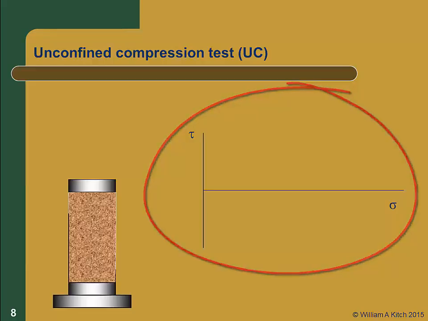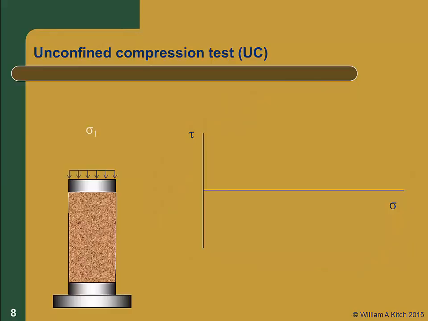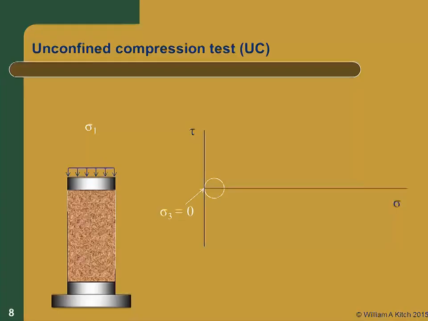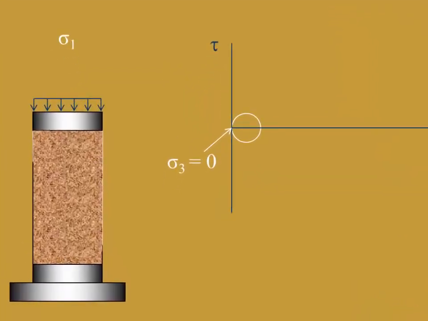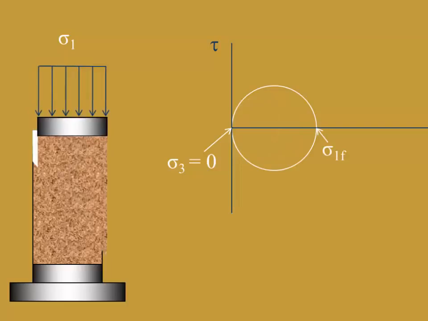phi and c. In the unconfined compression test, a vertical stress is applied to the soil without any lateral confining stress. That is, the minor principal stress sigma 3 is equal to 0. Therefore, the Mohr circles for this test are all tangent to the tau axis. The vertical stress is then increased until the soil fails.